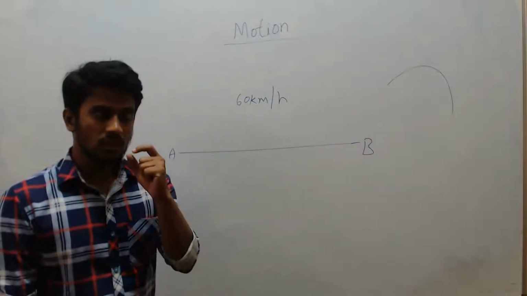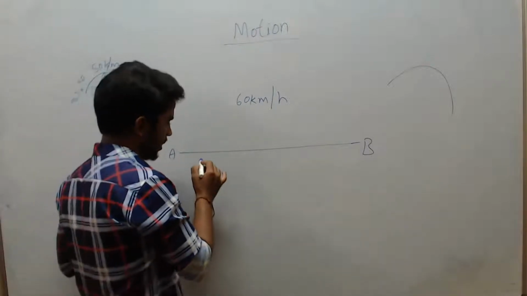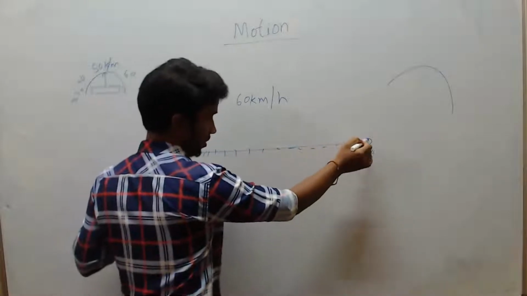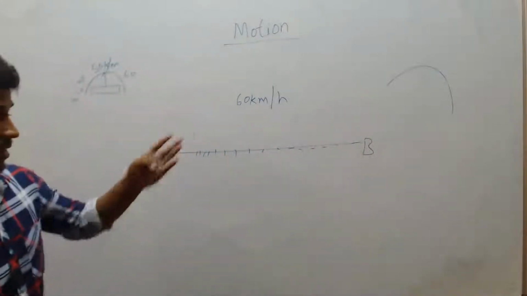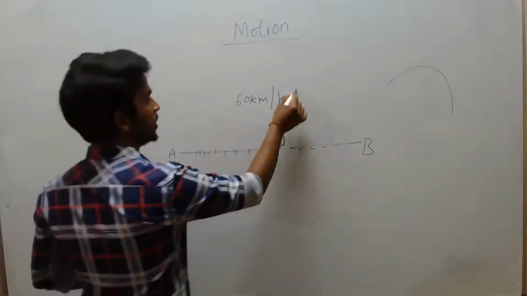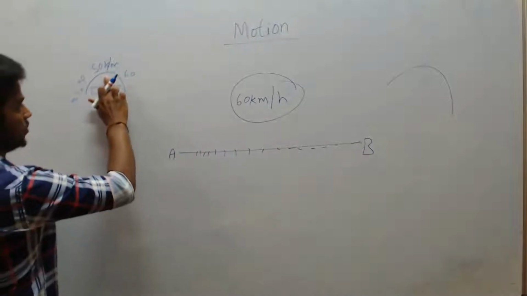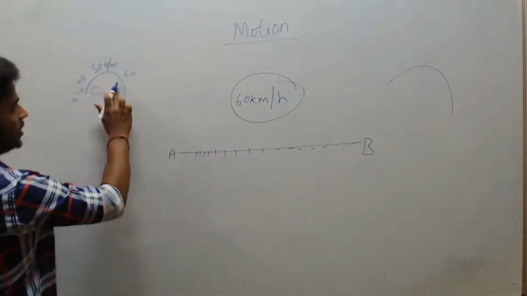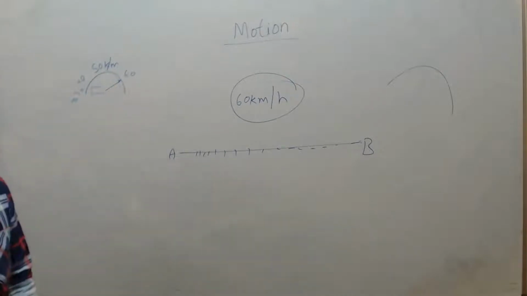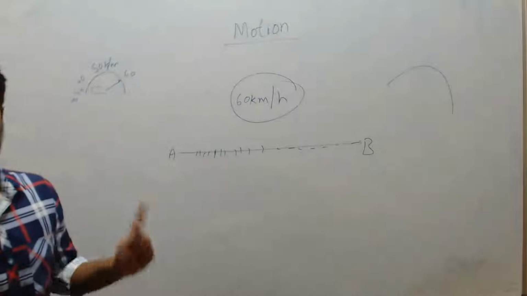If you use that word 60 kilometer per hour, it means that the vehicle should maintain the same speed at each and every part up to the end point, which means in your speedometer from starting to ending, the needle should show 60 only.